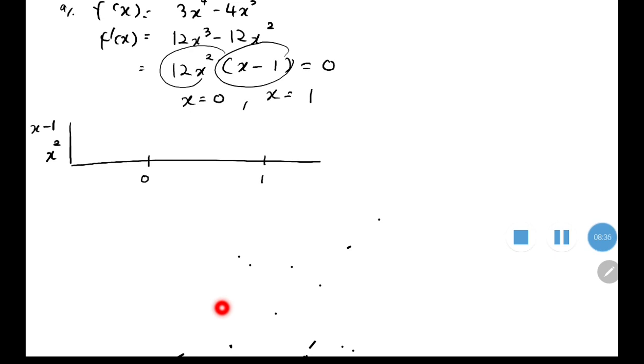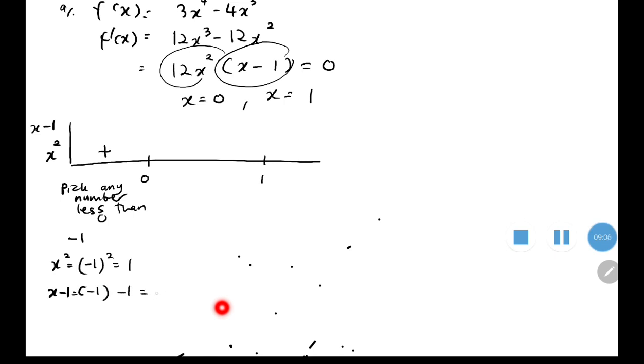Okay. So now pick any number less than 0. I want to pick minus 1. So x squared, minus 1 squared is 1, so positive. And x minus 1 equals minus 1 minus 1, you will get minus 2, so negative. Positive times negative, you will get negative.